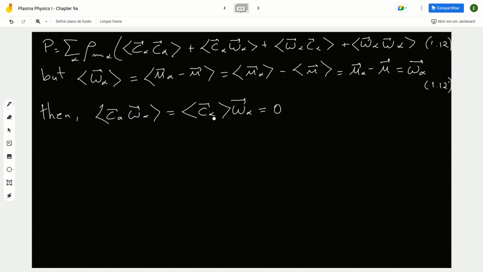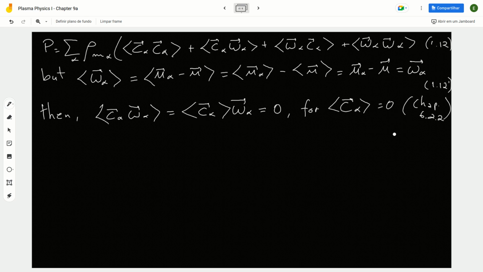Why is it 0? Because this is fluctuation velocity. Remember that the mean of the fluctuation is 0. We show this in chapter 6 as well. For the mean of this is 0. See chapter 6. I think it's equation 6.2.2, I think.